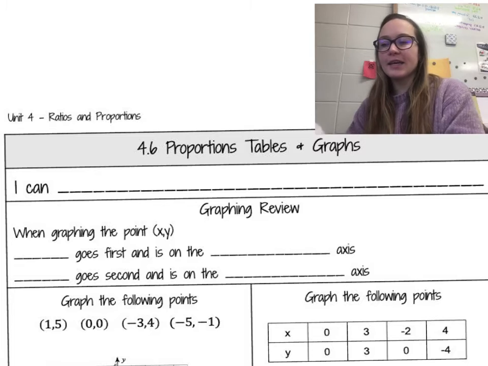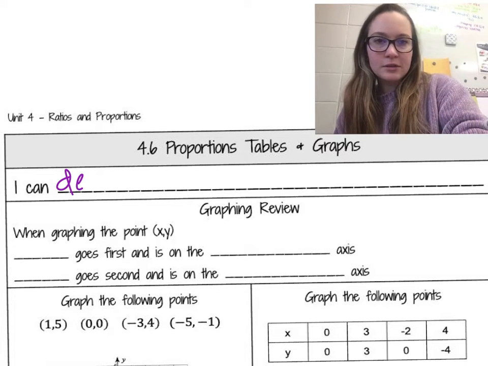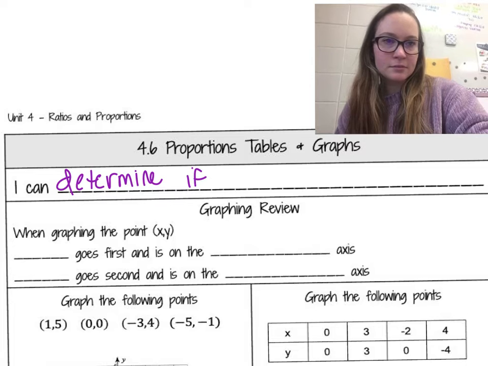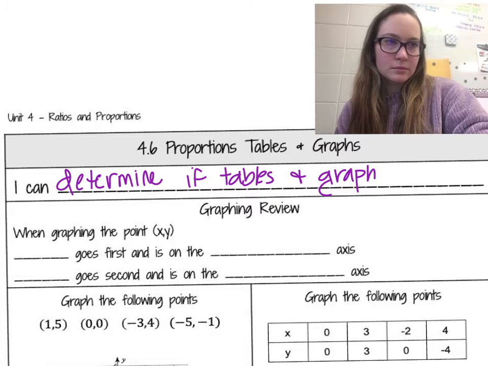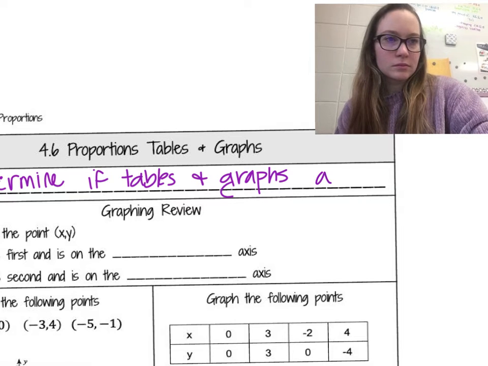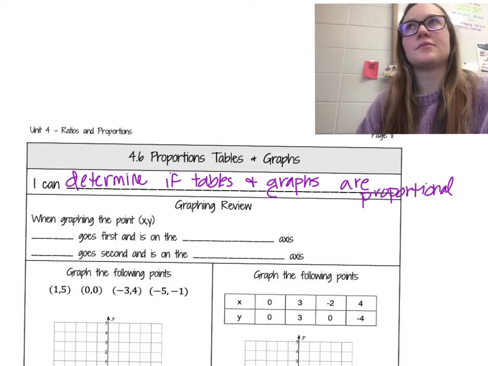So first, our I can statement is I can determine if tables and graphs are proportional. So I'll give you a second to write that down.